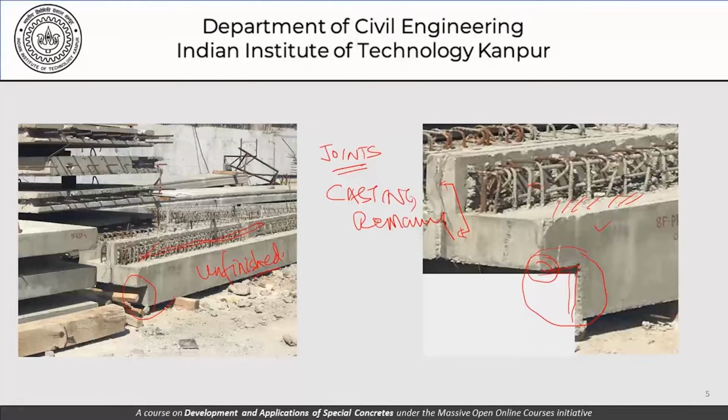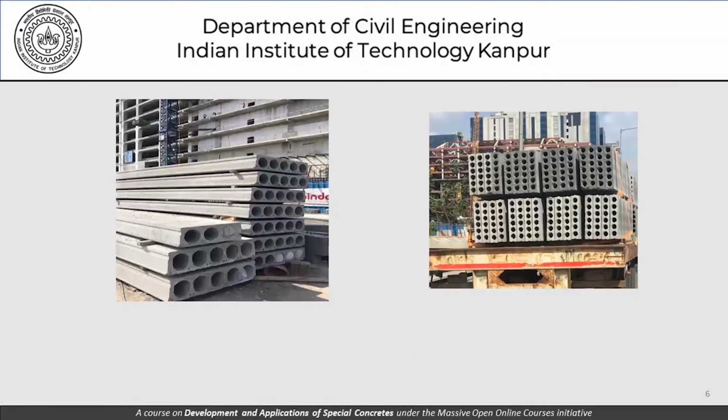Then here is another picture of some different kinds of precast products. Here we have hollow slabs, and we can see that one of the considerations that will be involved as far as our ability to use these members at site is concerned is our ability to transport them properly. As far as transportation is concerned, it's the weight and so on, but the length of these members, suppose we need a lot of length here, there is a limit to what we can transport.